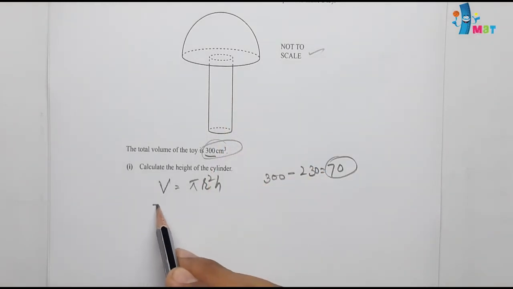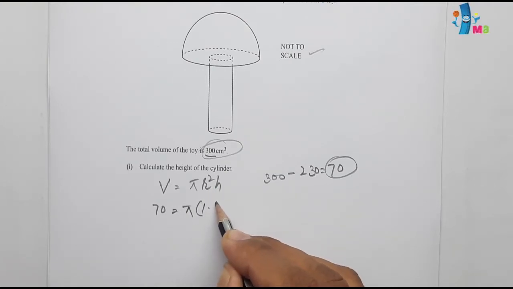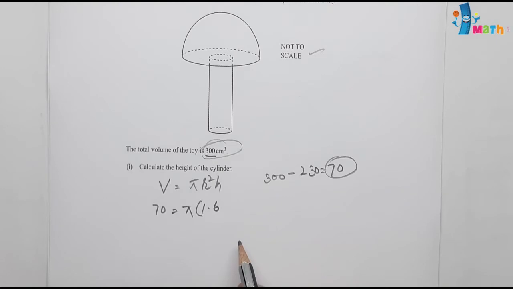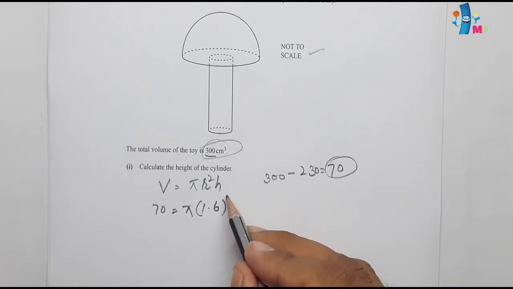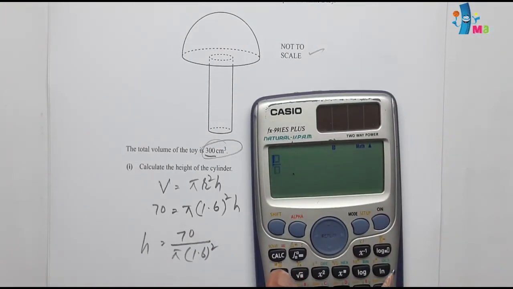So we can write 70 is equal to pi r square. R is 1.6, which is given in the question. 1.6 square into h. Now we can find the value of h. H will be equal to 70 divided by pi into 1.6 square. We can use calculator to find answer to this one.